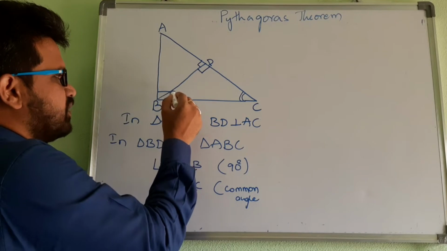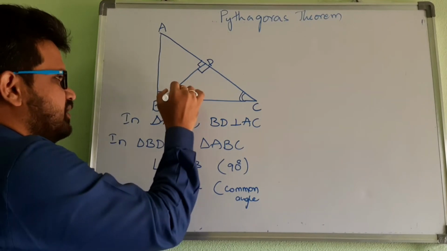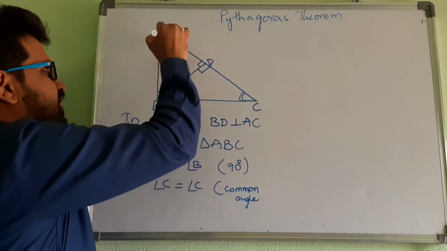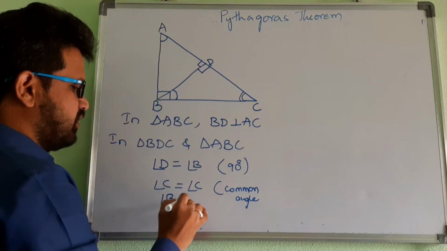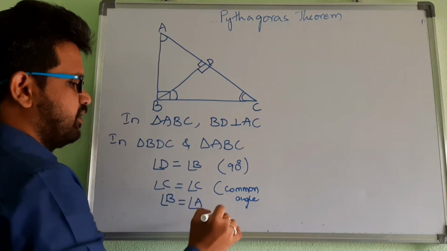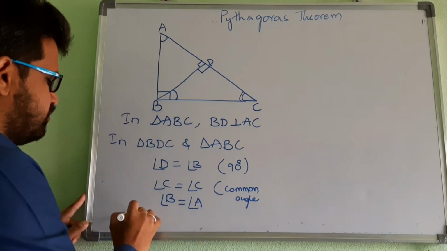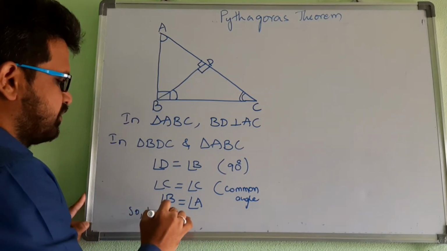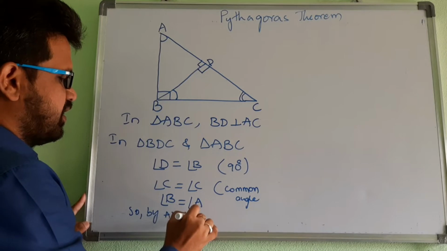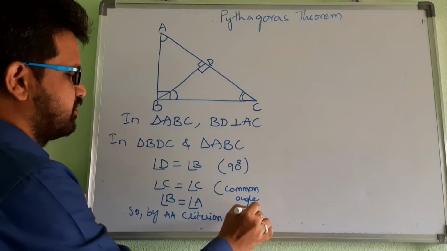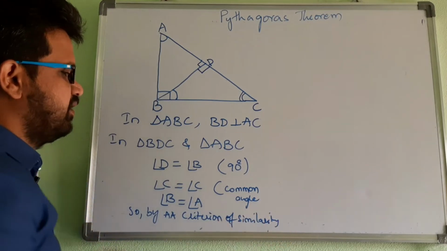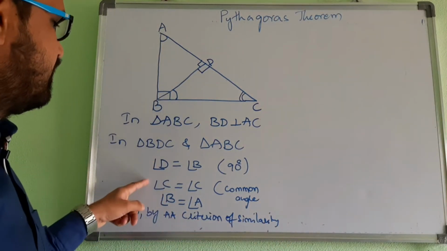Angle B, this one, is equal to angle A. So by AA criteria of similarity, I said already, no need to check three angles here.